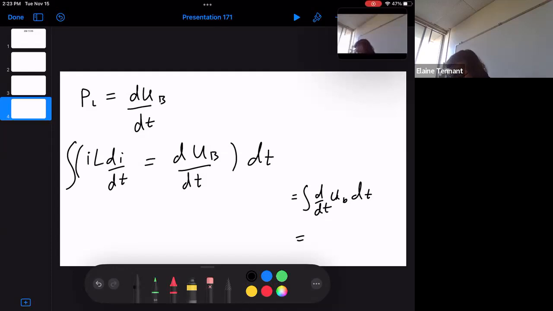The integration and the derivative cancel. I just have that, and that should be a capital U. I don't know why I've been writing it as a lowercase. Okay, on the other side, I have a few things happening. But let's write this out, and then let's talk about constants and variables and what we want to do.